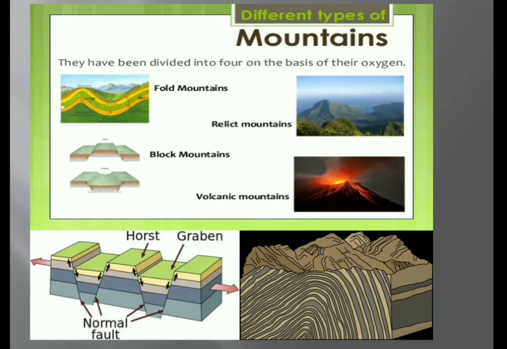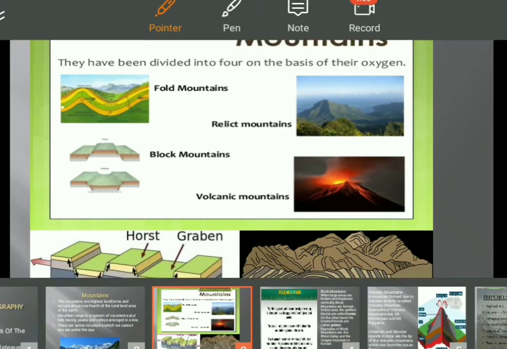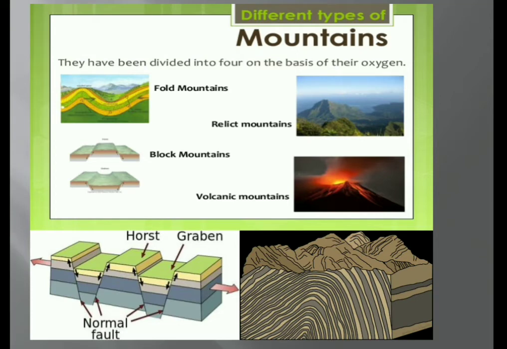Now, in the block mountains, you can see here the words horst and graben. Now, what are horst and what are grabens? Block mountains are created when large areas are broken and displaced vertically.